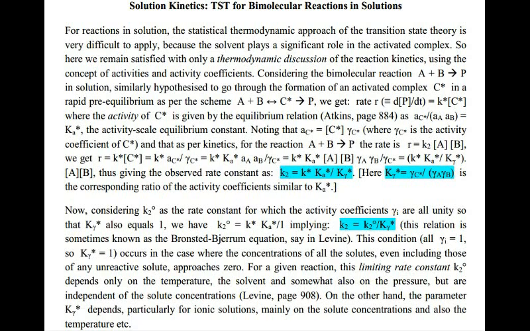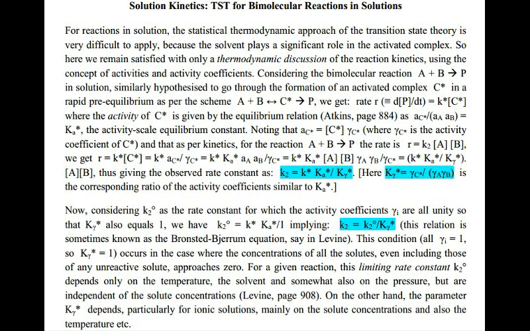Now we come to a relation: in some hypothetical situation, if Kγ* equals 1, then the rate constant k2 will become k* into K*. Now, under what situation does the activity coefficient ratio Kγ* equal 1?